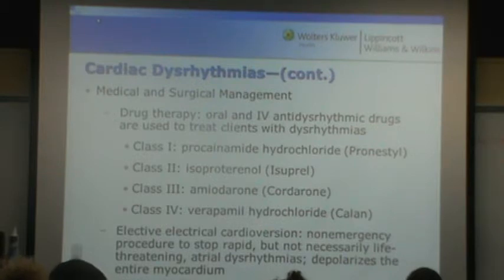Depending on if you're looking at the American Heart Association's version for things like ACLS, it's highly, highly recommended. And then class 4, verapamil, Calan. That's another one that has a lot of side effects. But I would be familiar with these medications.